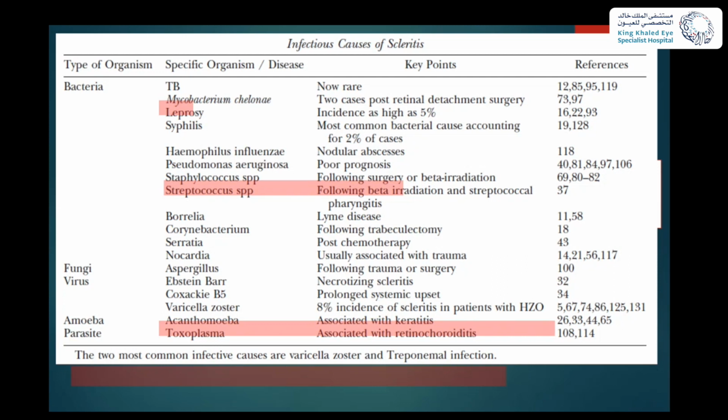And if you take a culture, you will find out that it is infectious. TB can be one of the causes. Herpetic, bacterial, especially Pseudomonas, is an important etiological factor in those cases, especially post-pterygium surgery. A patient post-pterygium, think about Pseudomonas, and you need to take cultures and slides for those patients.